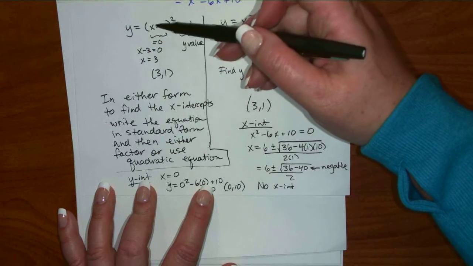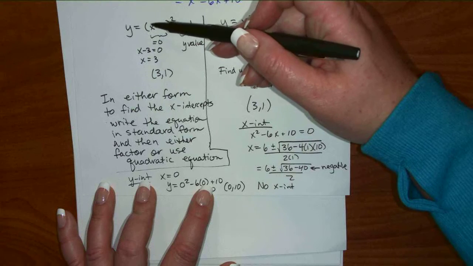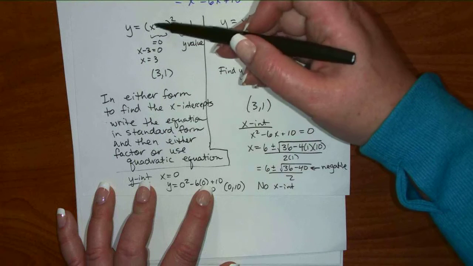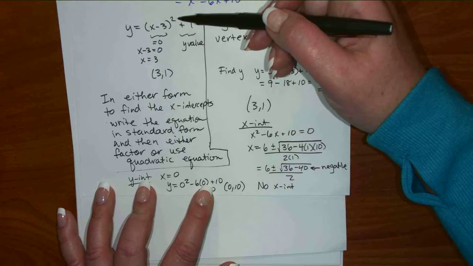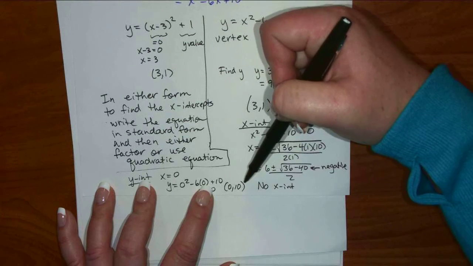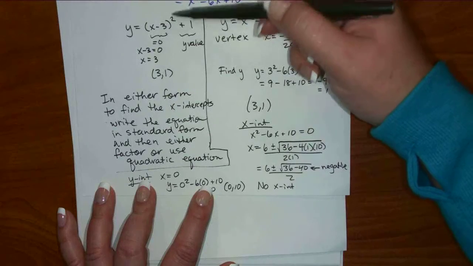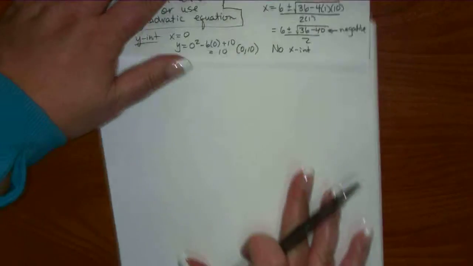If you plug 0 in, what do we get? Minus 3, yeah, squared. What's minus 3 squared? 9. 9 plus 1? 10. Right, so you can just plug it in here. We're going to do a bunch of these. Okay, so let's just graph it.